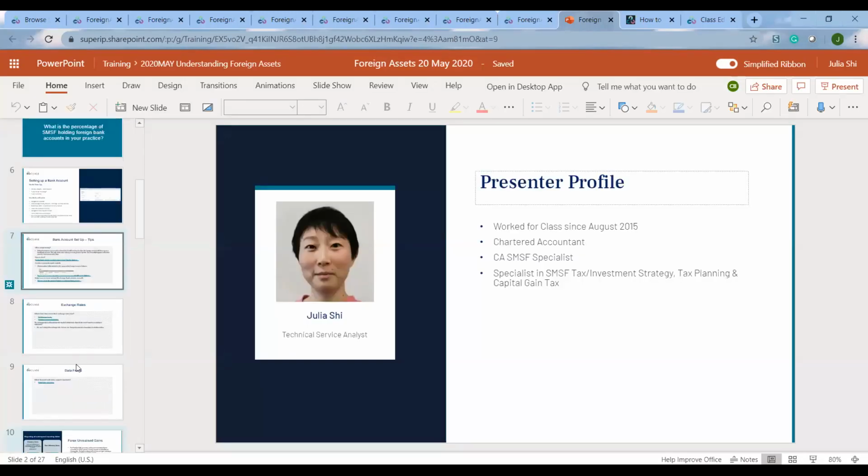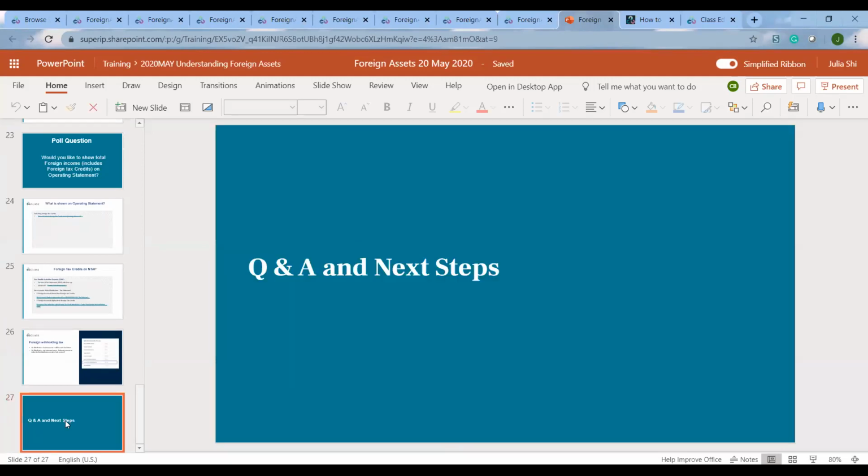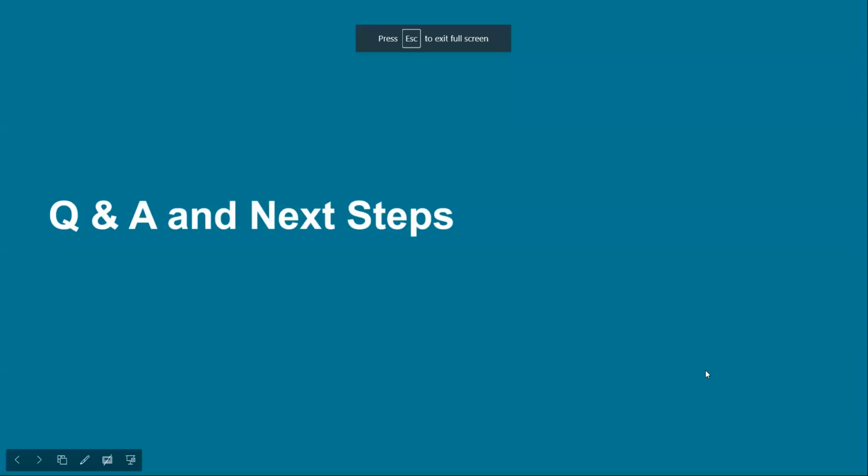I'm going to go through two commonly asked questions that we received with foreign investments. One of them is, how do we take up rental statements for a foreign property? Basically you'll need to first translate the amounts from the rental summary into AUD amounts in a spreadsheet.